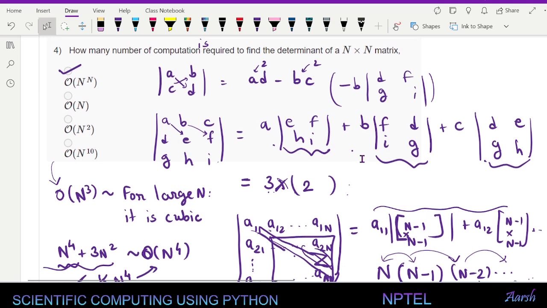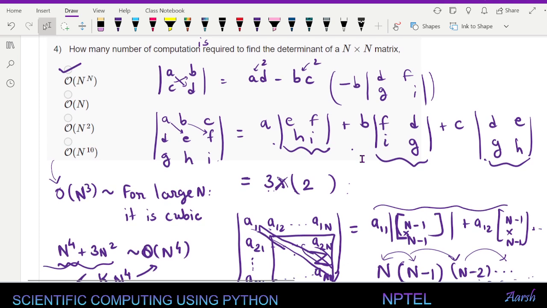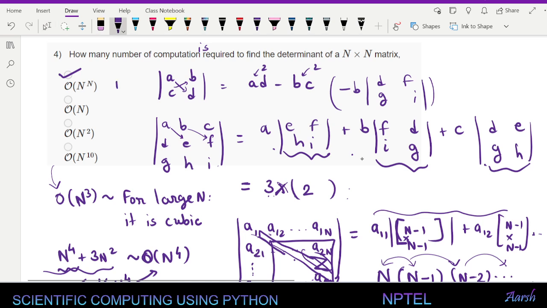We are selecting n to the power n, and it's order notation, so for small n it need not work, right? It's different from saying this is equal to n to the power n. Got it. Because it is a big O notation, we can say that it is n raised to n.